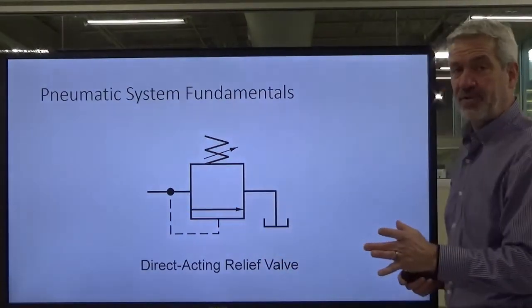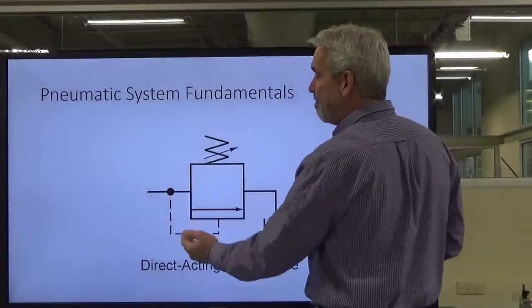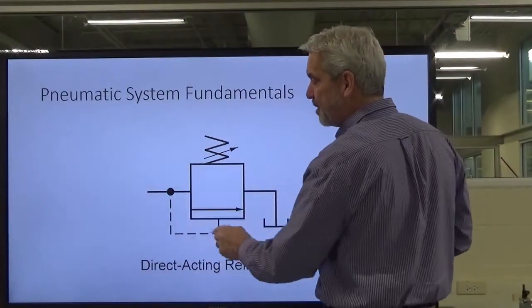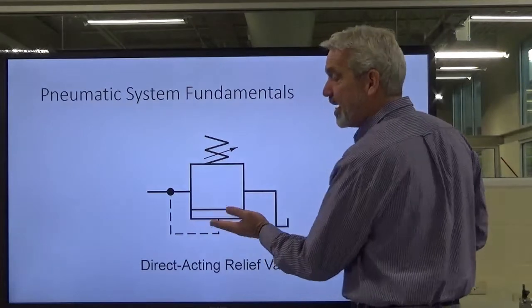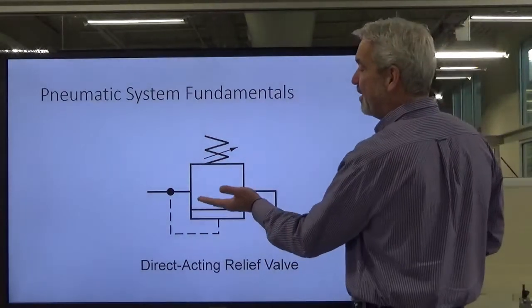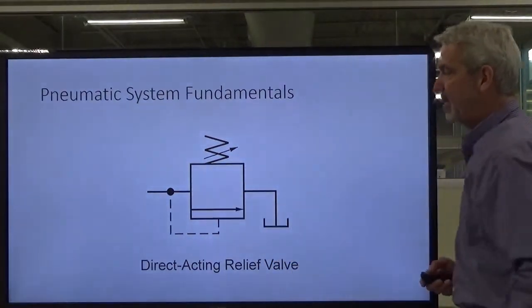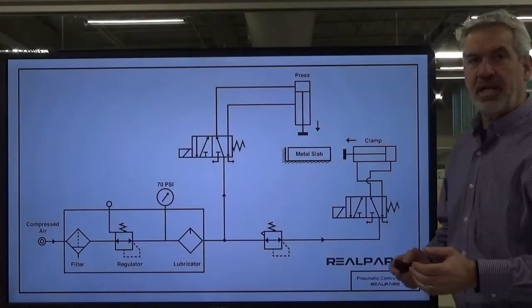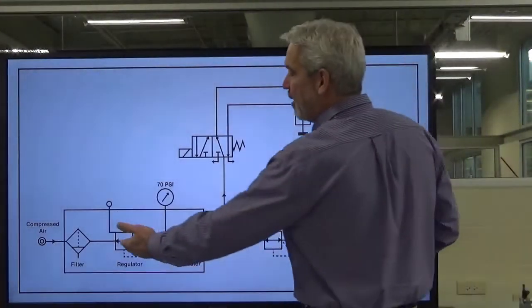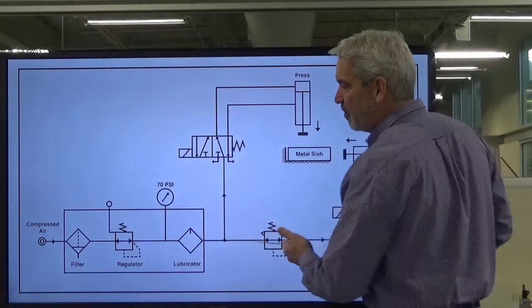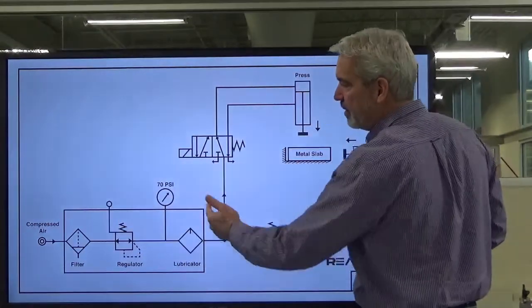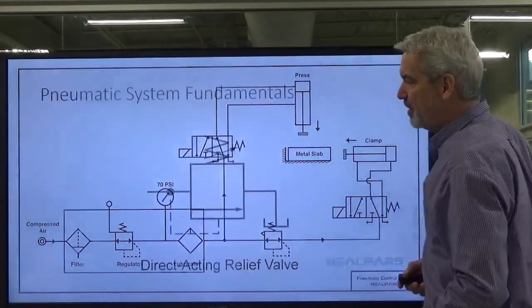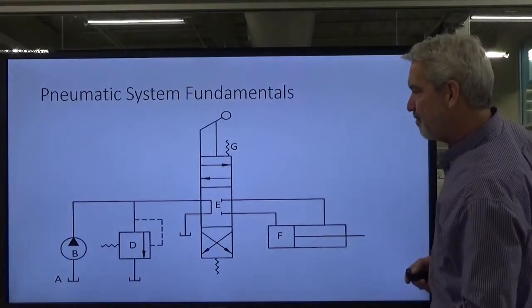We don't want that fluid to go to tank unless our pilot pressure line, remember the symbol there, says, hey, I'm building up too much pressure, got to relieve it. Then we're going to give it a path to tank. A little bit different in a pneumatic regulator. We are allowing that flow and pressure to go through here, and here we're saying 70 psi.